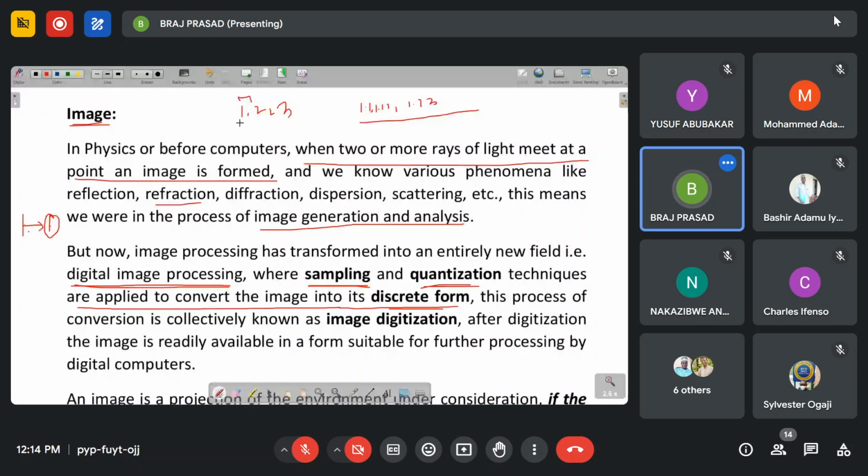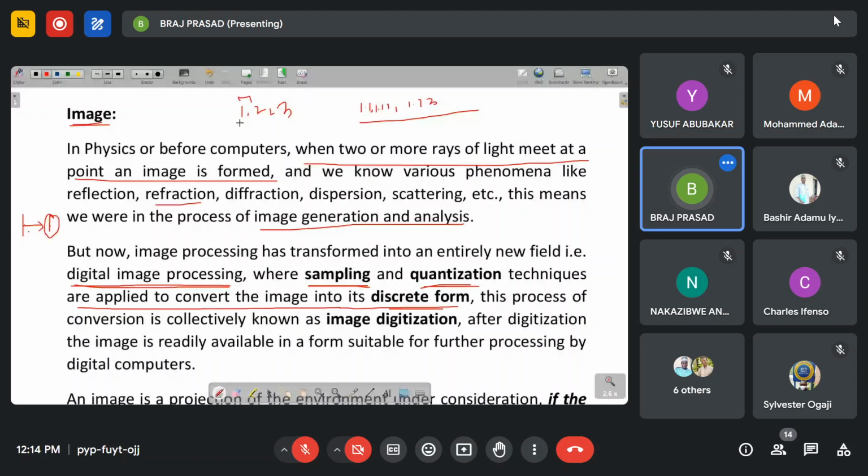So first we produce the image of the object by using some technique, or by using some sensor, or by using a camera, single camera or multiple camera, colorful camera or monochrome camera, etc., or even our human eyes. So after getting this image, it is converted into discrete form.